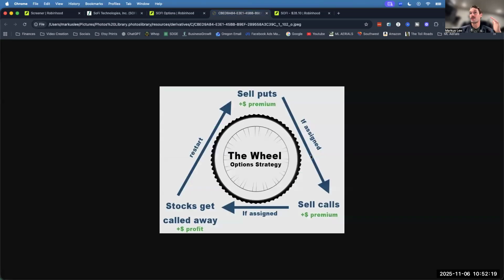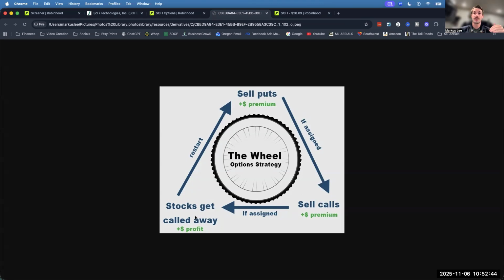This is a graph that summarizes what I just explained and how the wheel strategy works on a weekly basis. Beginning of week one, you sell that put option, exactly what I just showed. If you are assigned, you start selling covered call options, where you're agreeing to sell those shares at a higher price than you entered, or the same price, depending on where the stock is trading.